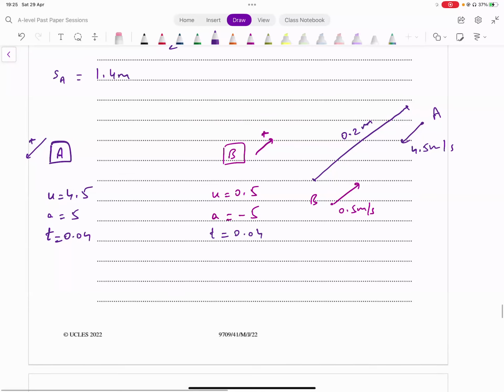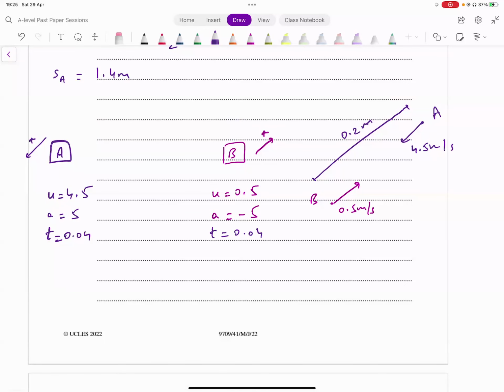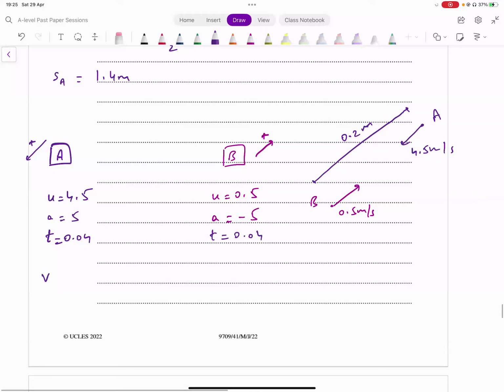तो हम इनकी स्पीड फाइंड कर लेते हैं। इसकी स्पीड फाइंड करें, V equals U plus at, 4.5 plus 5 into 0.04। इसकी स्पीड कितनी आती है हमारे पास? 4.5 plus 5 into 0.04, that's 4.7, that's what I'm getting for this। A की स्पीड 4.7 मीटर्स पर सेकेंड आ गई, और B की स्पीड कितनी आती है?